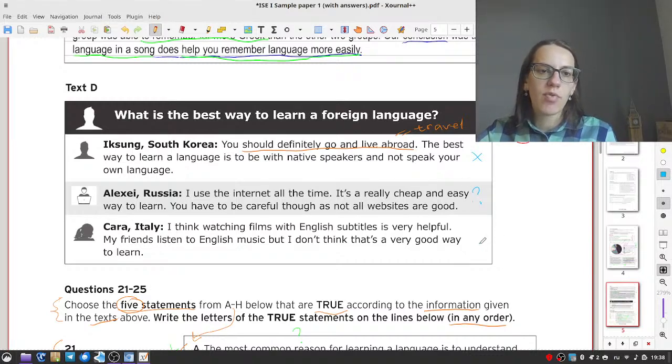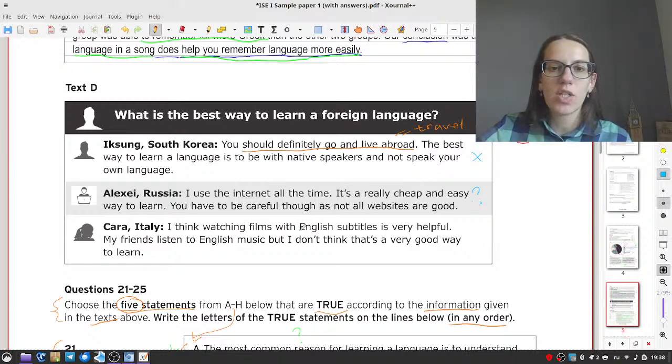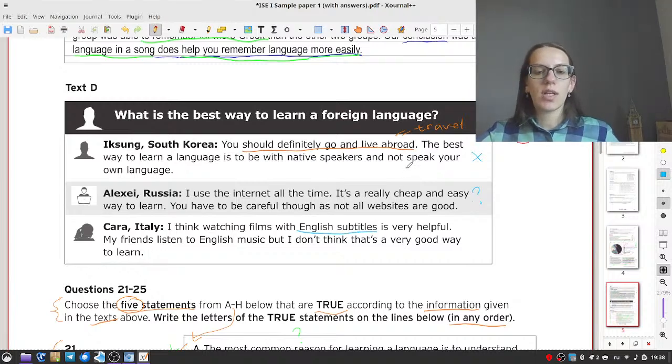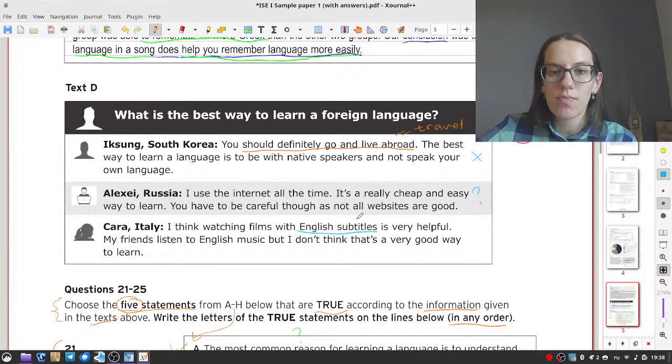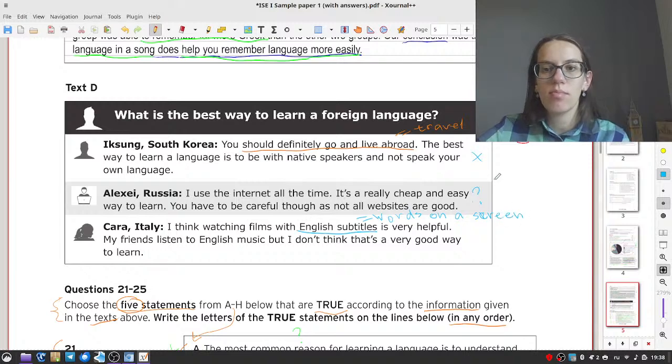Person 3, Cara from Italy, says, I think watching films with English subtitles is very helpful. English subtitles, that's words on a screen, right? It's when you don't just listen to the words, but you also see them written down on the screen.